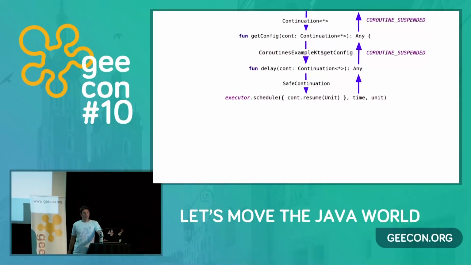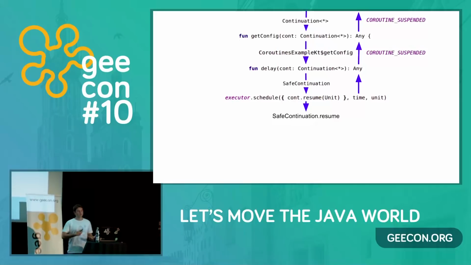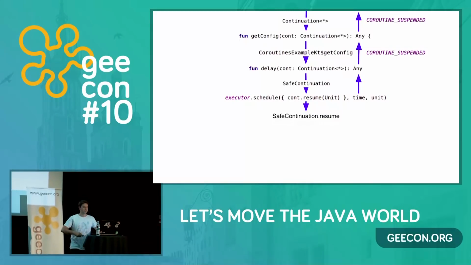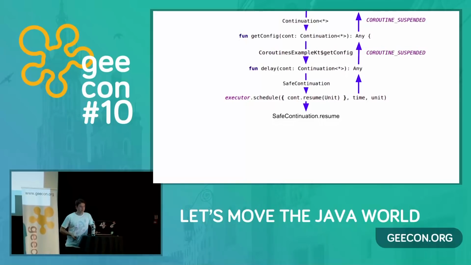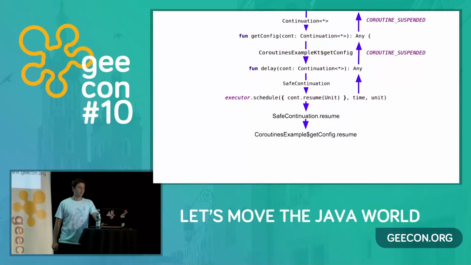It's ended. After 1 second, this continuation's resume is called. So this is resume for SafeContinuation. This particular class does nearly nothing. It only invokes its delegate, so it invokes resume for CoroutinesExampleKt getConfig.